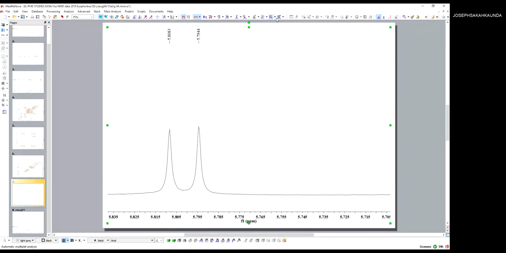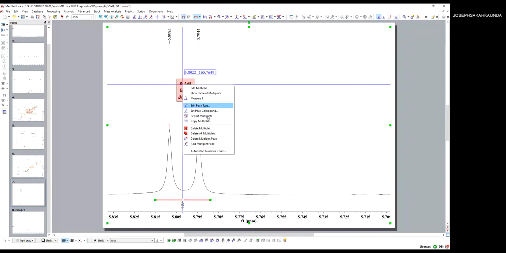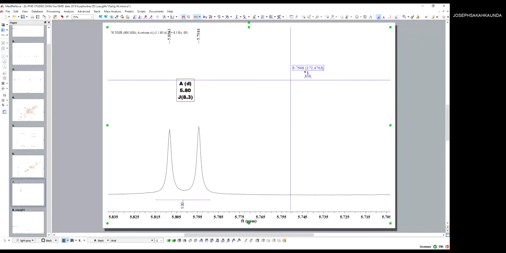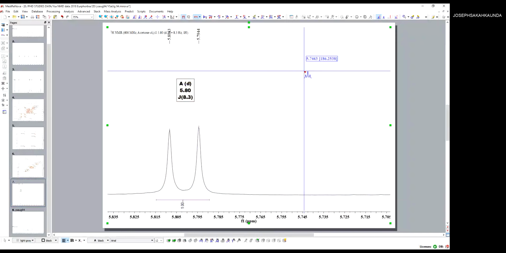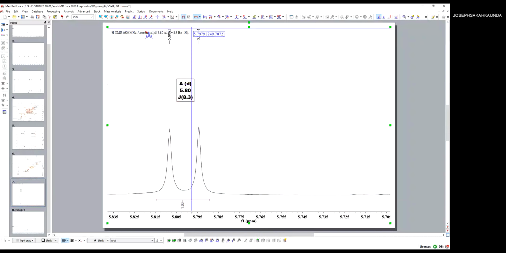This symbol, it looks like J. And I like doing it manually. And then click on it and report multiply. 5.8, J value 8.3.